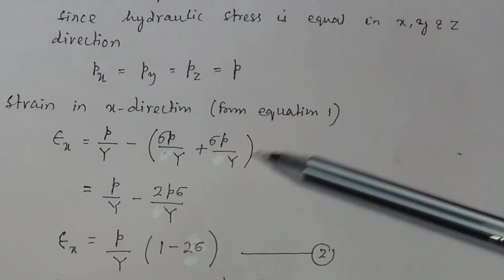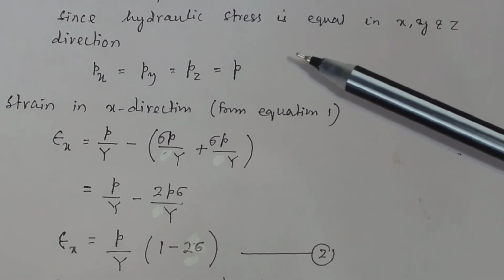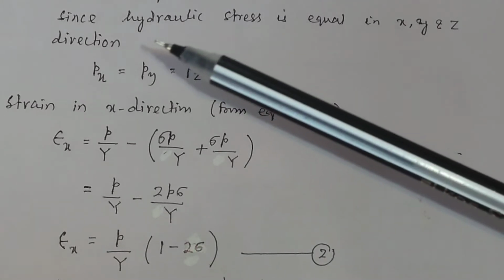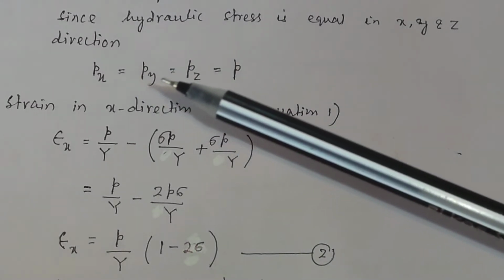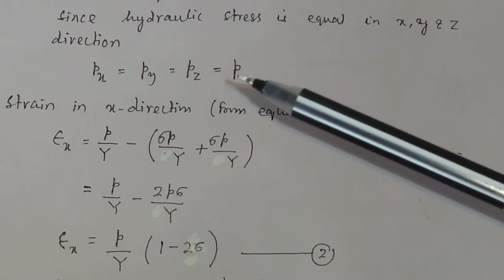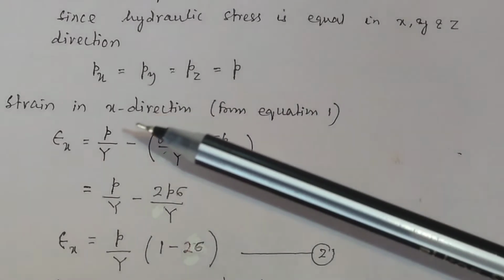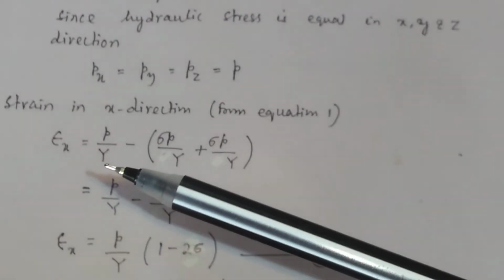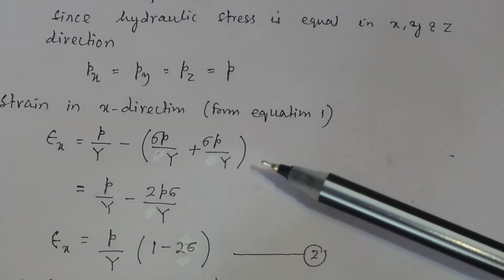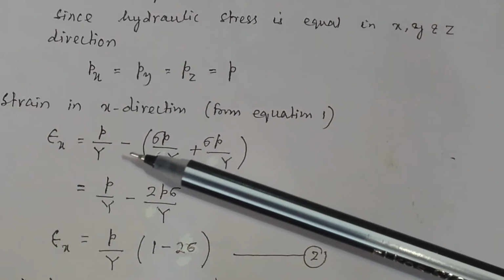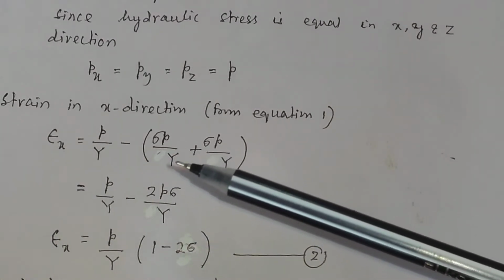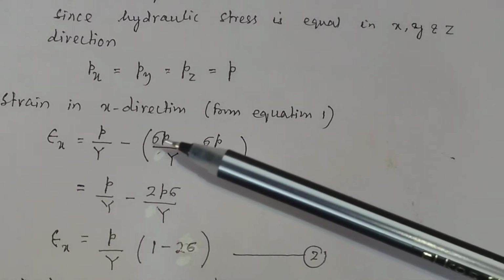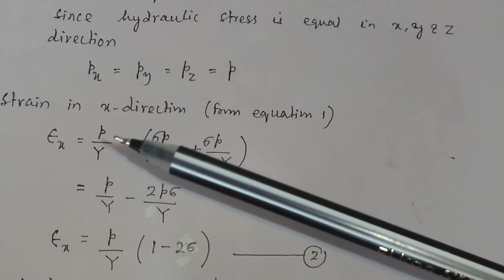Since the hydraulic stress is equal in the three directions, that is x, y and z direction, we may take Px equal to Py equal to Pz, that is equal to P. So the strain in the x direction from equation 1 will be epsilon x equal to P divided by Y minus sigma P divided by Y minus sigma P divided by Y. Here we have taken P instead of Px, Py and Pz.